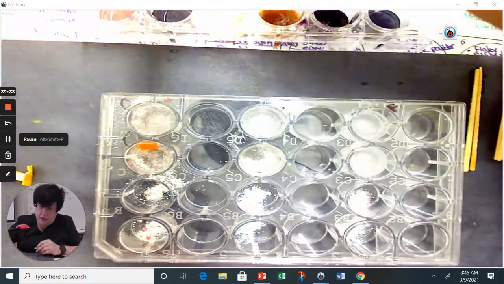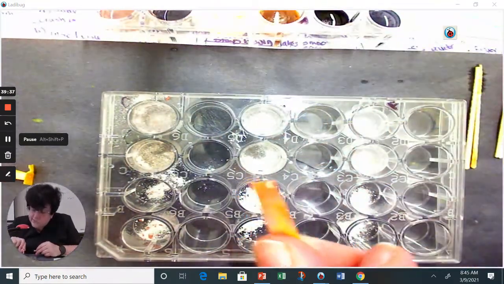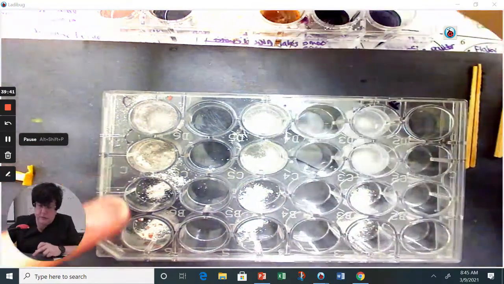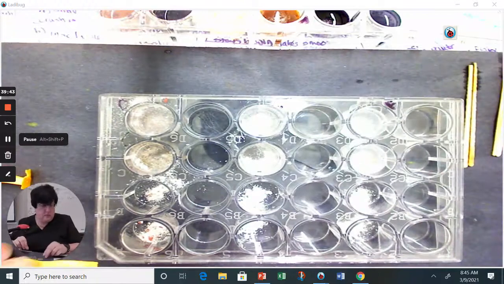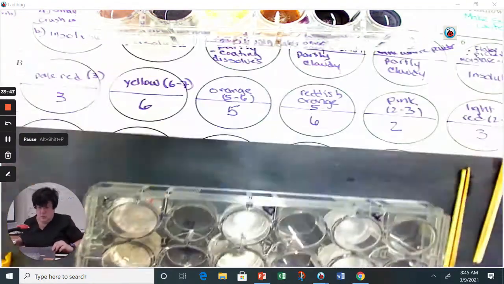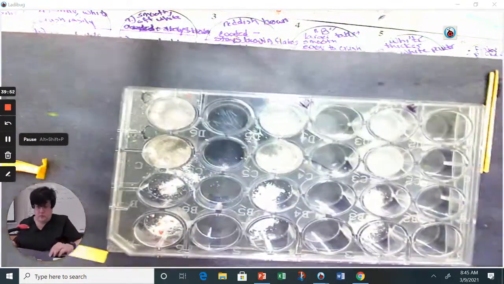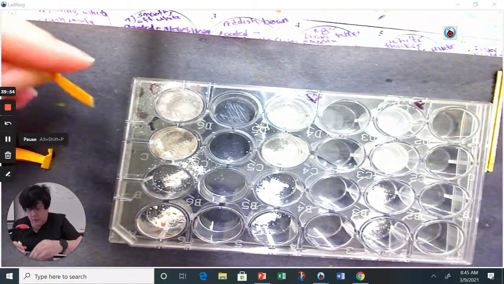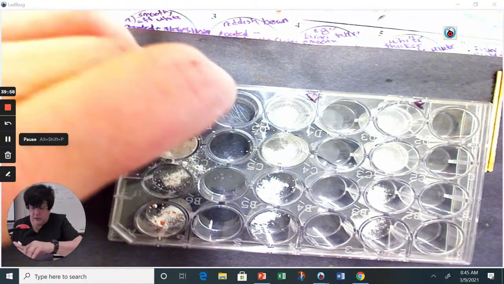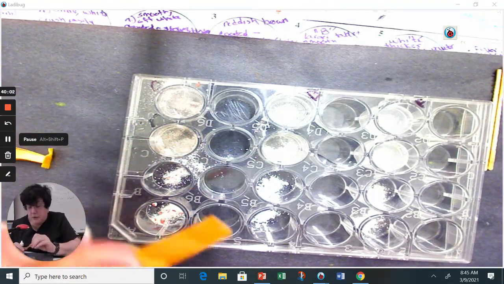F looks like a 5. This is a 3-4 for C. Might be something in that well. I'm going to try a different well. Okay, C. Its pH is also looking like a 5.